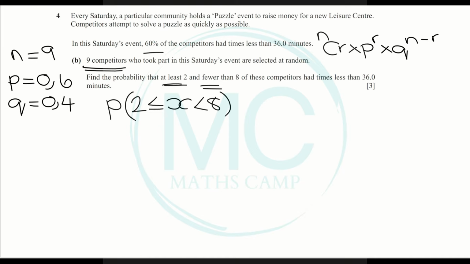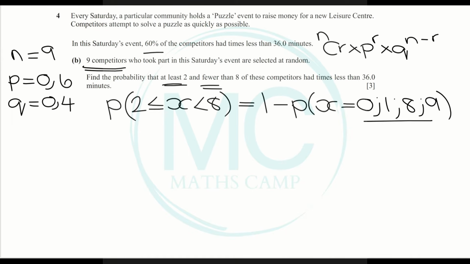So I can say that this is going to be equal to 1 minus the probability that X is equal to 0, 1, 8, and 9. And we can fill these values into R in our formula. So I'm going to say this is now equal to 1 minus, let's open a bracket. Let's start when X is 0.